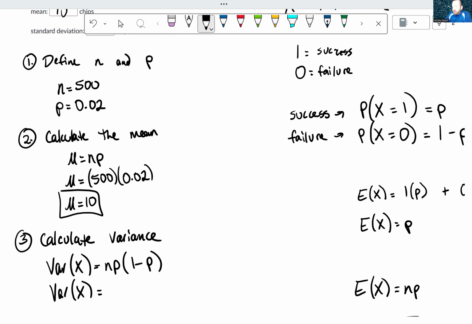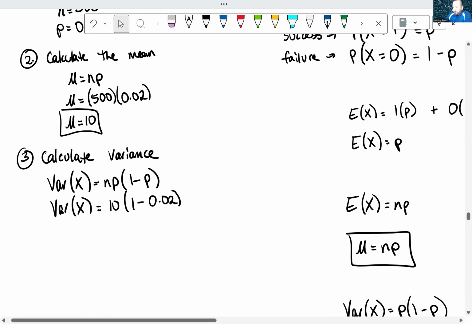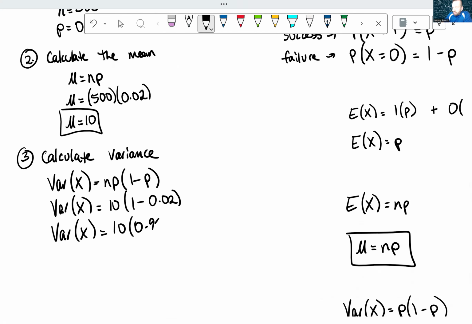We know that np already is equal to mu, which is 10, so I'll just write that as 10. 1 minus p is 0.98. Okay, and then we're just going to multiply this out. And we get 10 times 0.98, and this is going to be 9.8. Okay, so that's the variance.